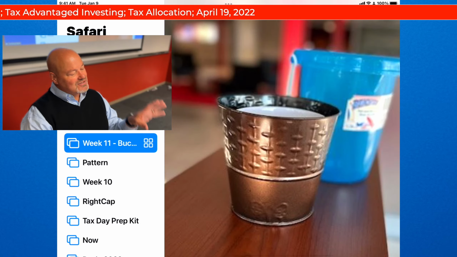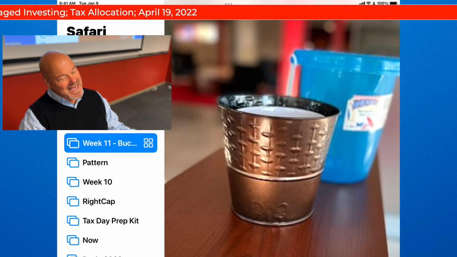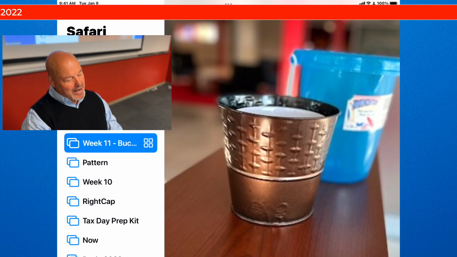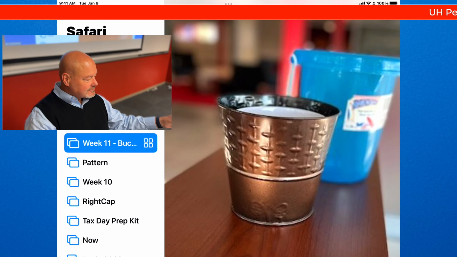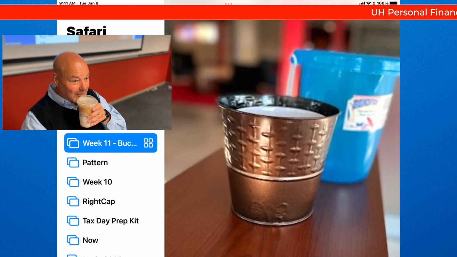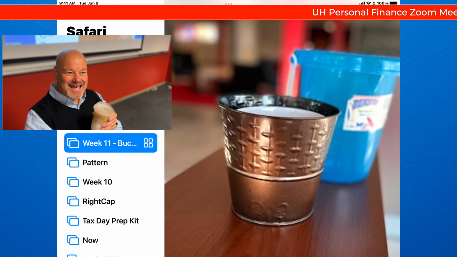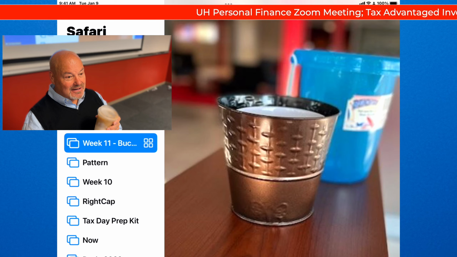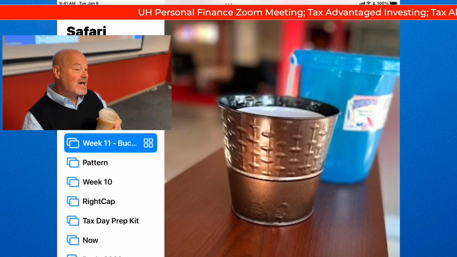What do you think this big brown metal bucket might stand for? What type of account might this big brown bucket stand for? IRA? Not yet. One of them does stand for the IRA, but this one represents a different type of account.